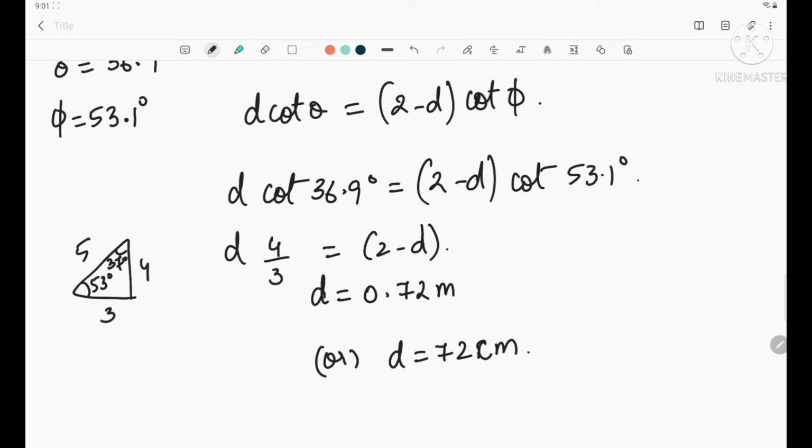Based on this you can easily calculate. Cot theta is adjacent by opposite, so that is equal to 4 by 3. And same thing, cot 53 will be equal to adjacent by opposite, 3 by 4. Am I right? So that's it. You can simplify and you will get the answer 0.72 meter.